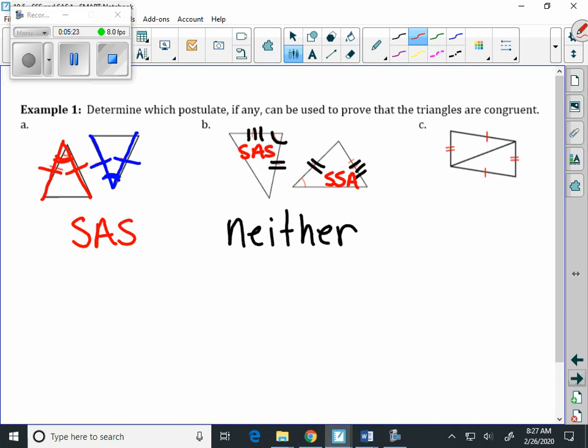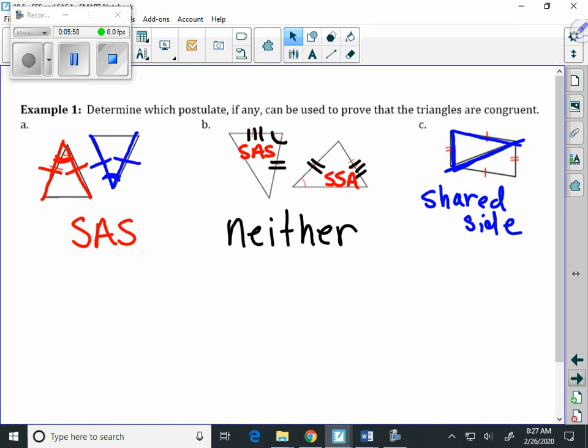Third one. First of all, this type of picture where we have two triangles is called a shared side picture, or shared side triangles, because in this particular problem, this length here, if I can get that colored in, so to speak, is in both triangles. It's in this triangle, but it's also in this triangle.